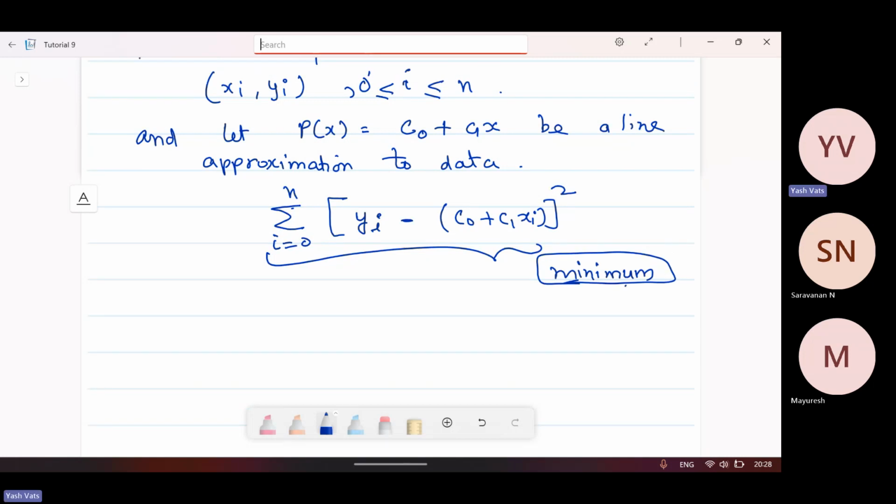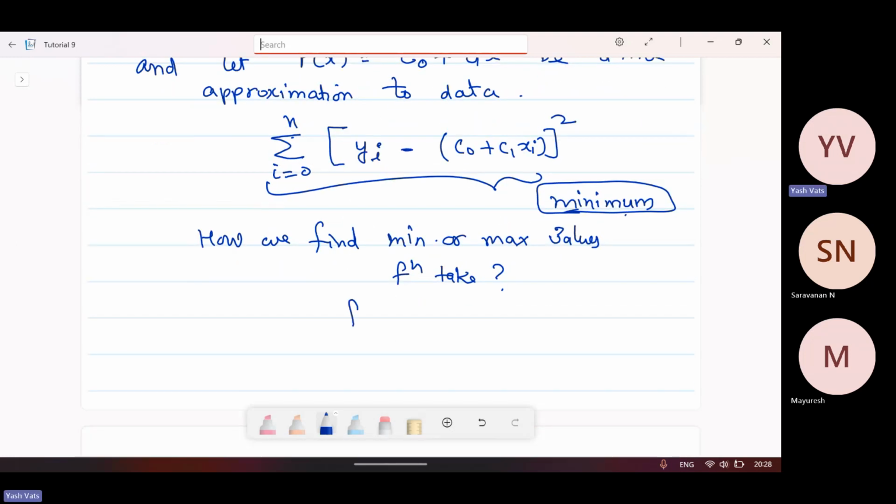So how do you find the minimum of a function? If you have a function f(x), how do we find its minimum or maximum values?